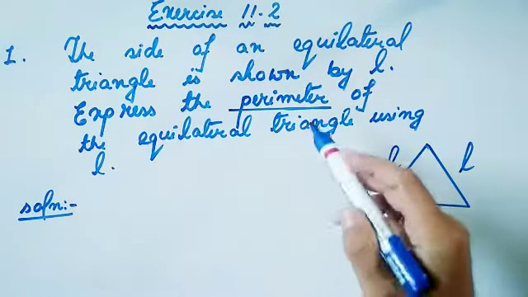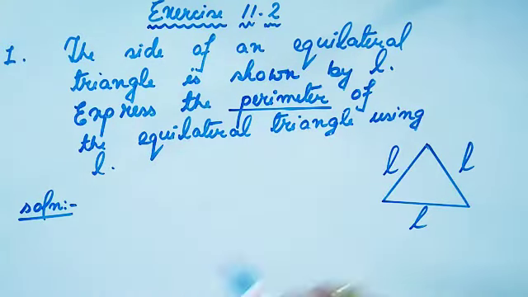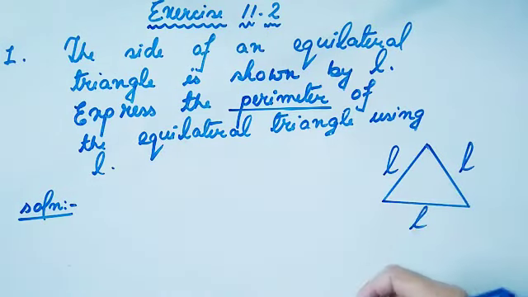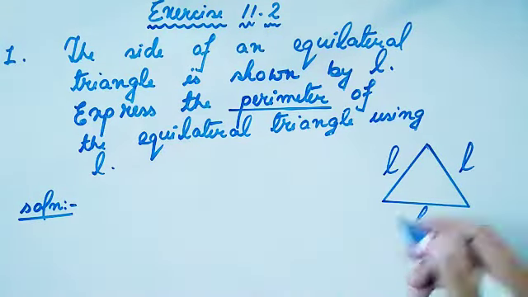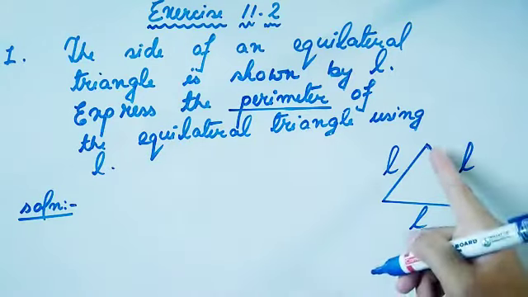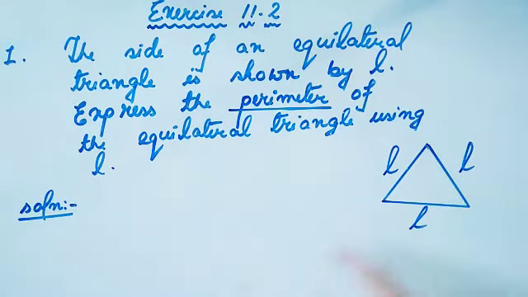When we say perimeter, it means the total length of the sides of any figure. So here in our equilateral triangle, perimeter means the total length of the sides of this triangle. Since this triangle has how many sides? 3 sides, and the length of these sides is given by the letter L, right?